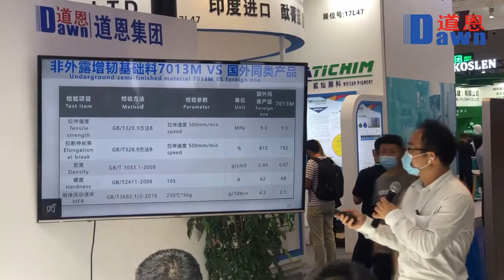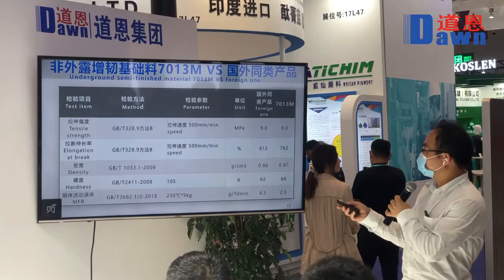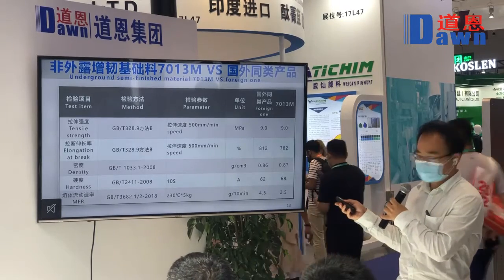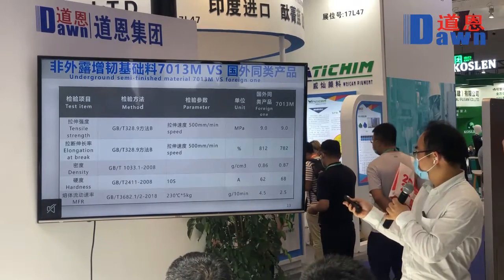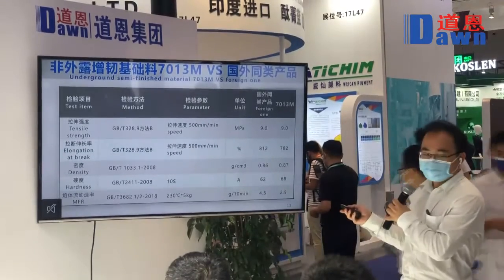This is the comparison between our product and the foreign products. It's nearly the equivalent product. This is the modified plastics compared with foreign products.